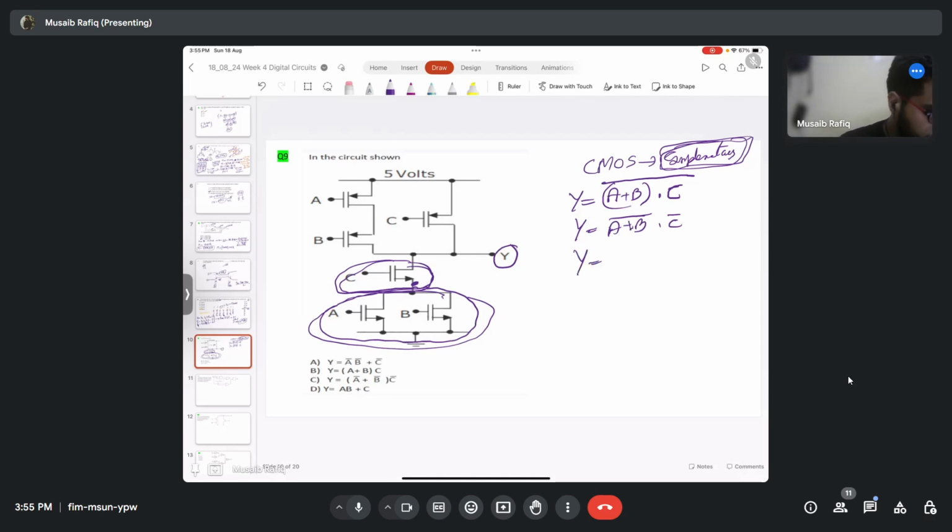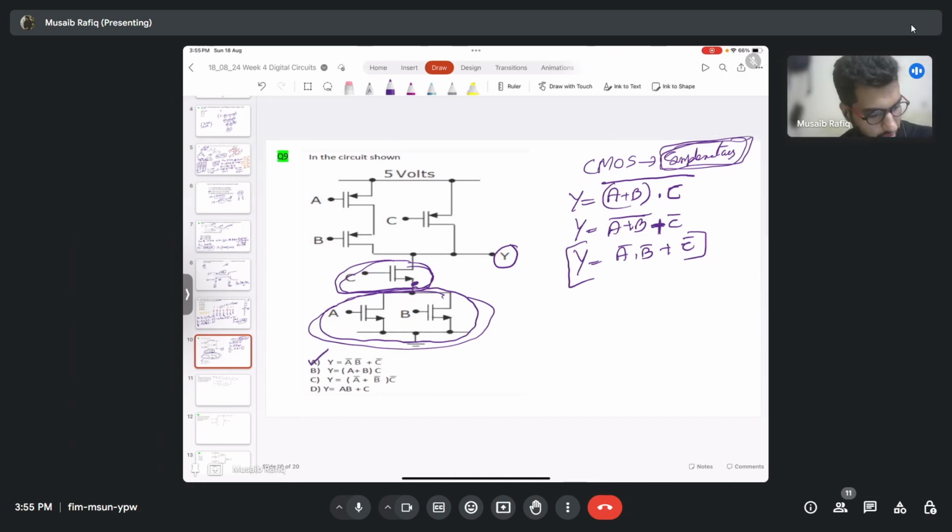Then it becomes A complement dot B complement, and this is plus. Using De Morgan's law, this becomes plus. So it becomes A complement dot B complement plus C complement. So option A is the correct answer.